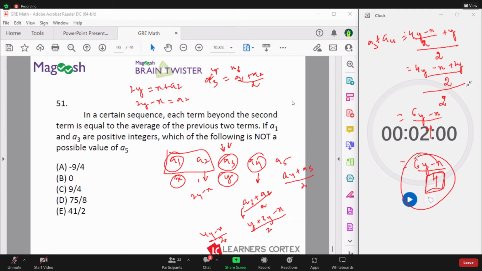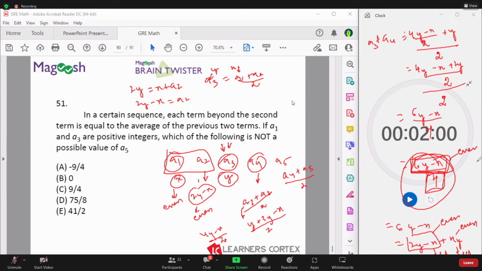So we can break the numerator into 2Y minus X plus 4Y. If this is even, then this will also be even. If this is odd, this automatically becomes odd. Irrespective, this particular sum will be even.